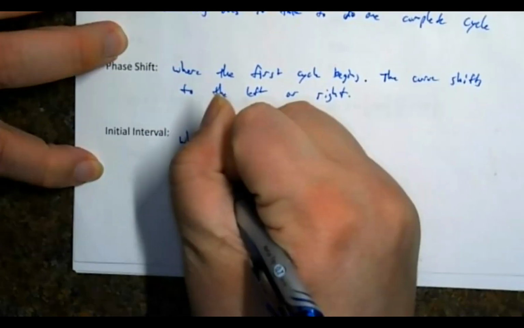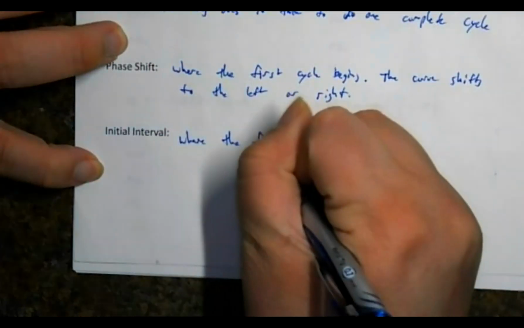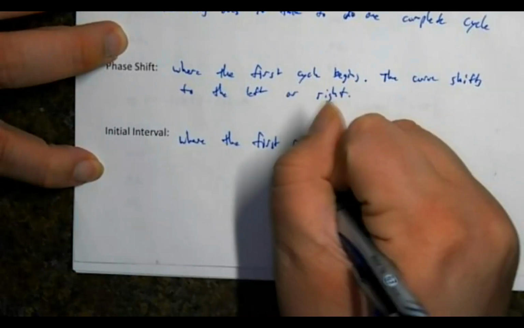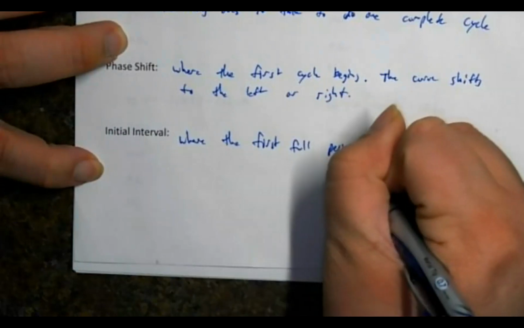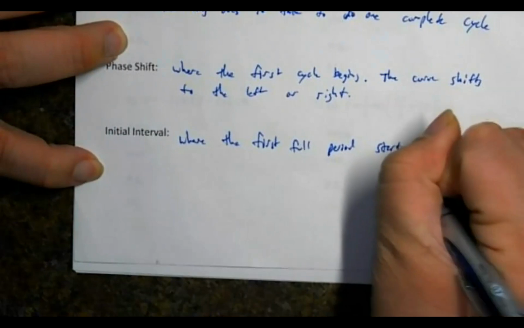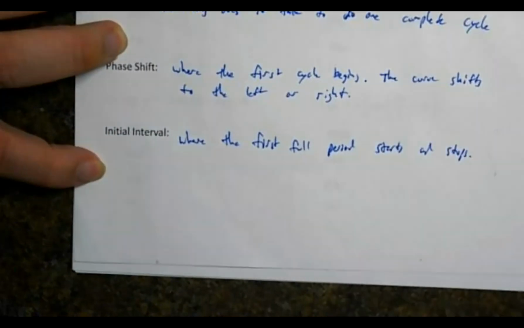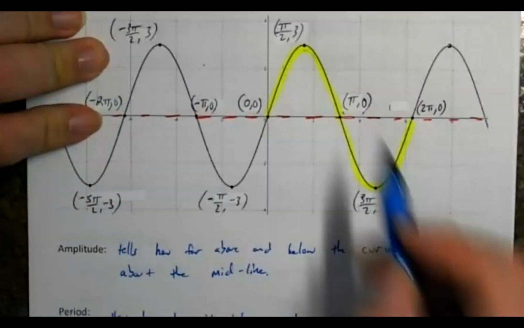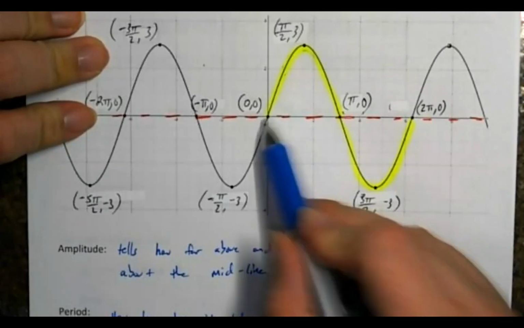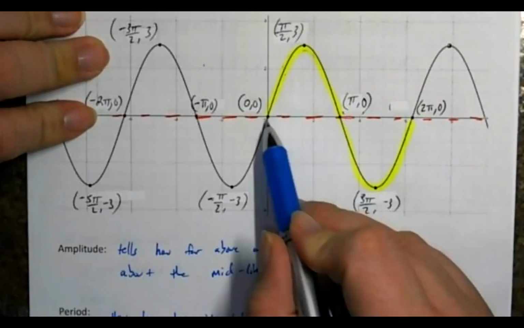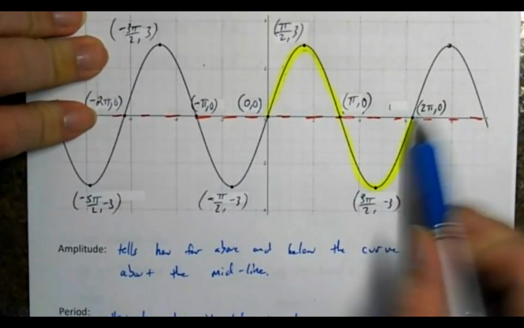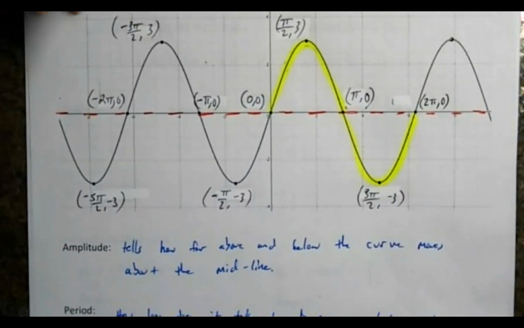So initial interval is where the first full period starts and stops. In this case here, from 0 to 2 pi. Starts at 0, ends at 2 pi, and then it starts to repeat. That's the initial interval.